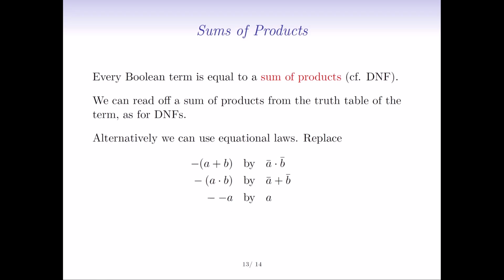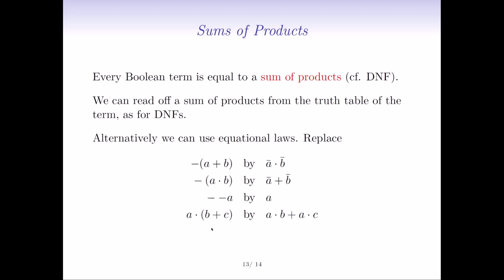So that's a way of driving all the negations down as low in the formula as we can. Double minuses can be eliminated immediately, and if you have a minus that's outside a plus or a dot, which is not allowed in a sum of products, then you can just use these De Morgan laws to push it in a bit further.